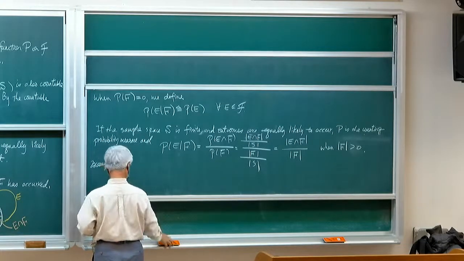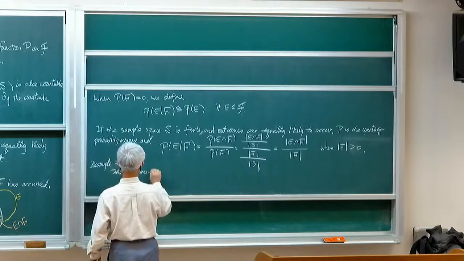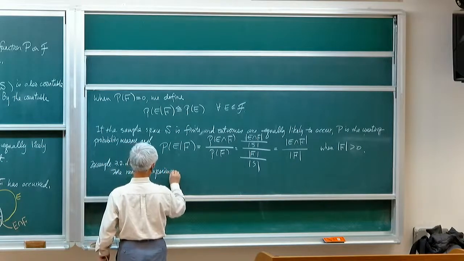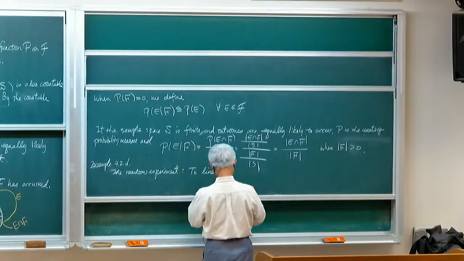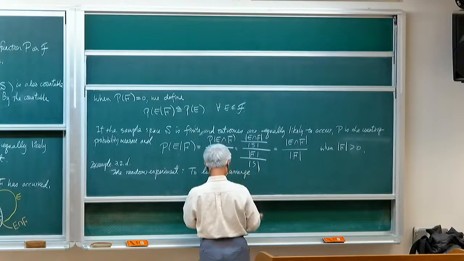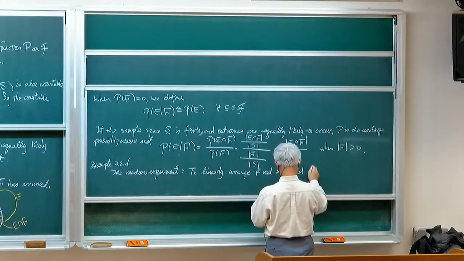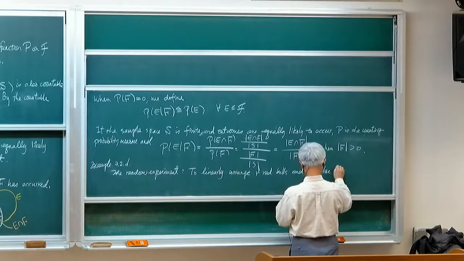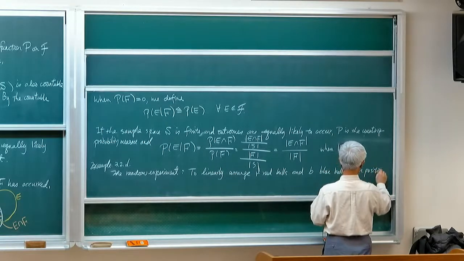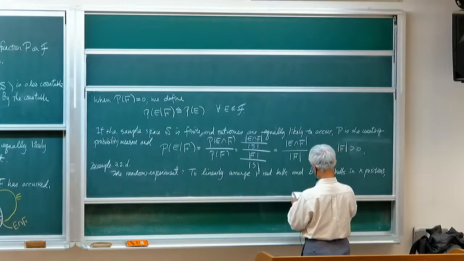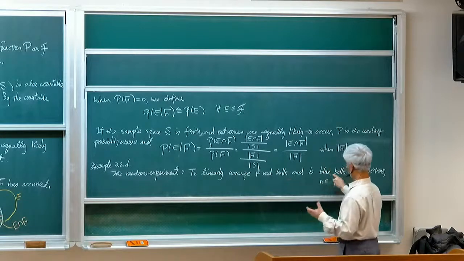The random experiment is to linearly arrange R red balls and B blue balls in n positions, and n is less than or equal to R plus B. So we have R red balls and B blue balls.